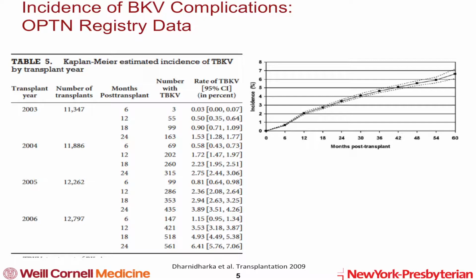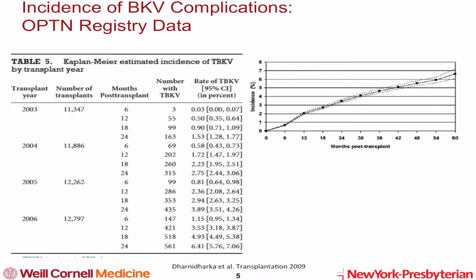From 2002 to 2006, the incidence of BKV replication or complications increased from 1.53% to 6.41% in 2006. Even looking at the months post-transplant, the overall incidence increased with time. So there were new cases where there was BKV replication and injury to the allograft.